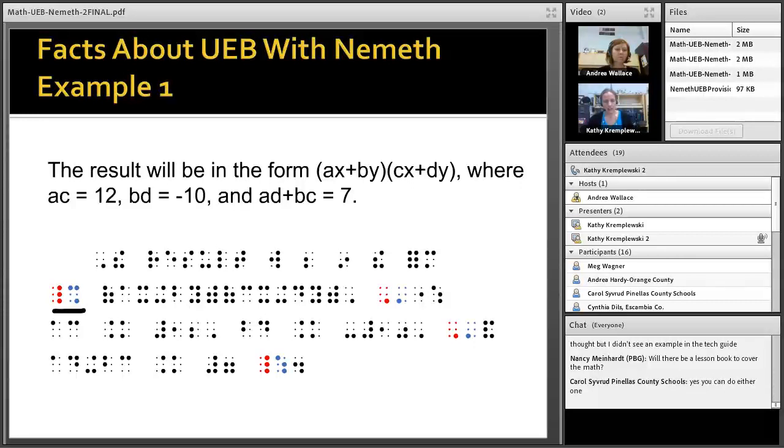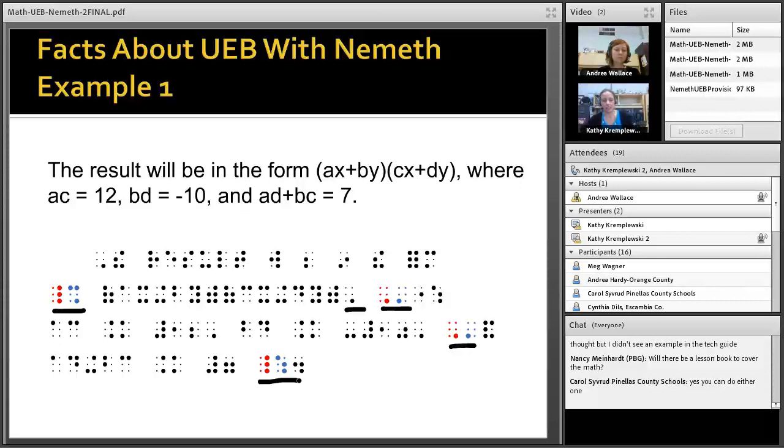The comma is a Nemeth comma because you're in Nemeth mode at that point. Then you've got the single word switch indicator for the where, and you've got AC equals 12, the Nemeth comma, BD equals -10, the Nemeth comma, and another single word switch with the and then the rest of it, and then you close the Nemeth out after that and put the period, because you're not going on.